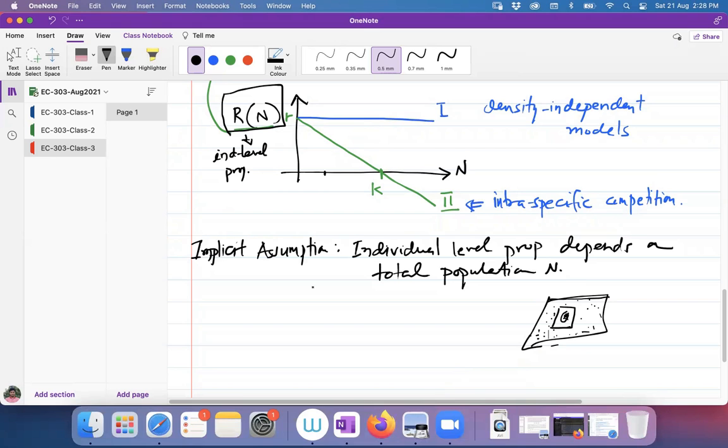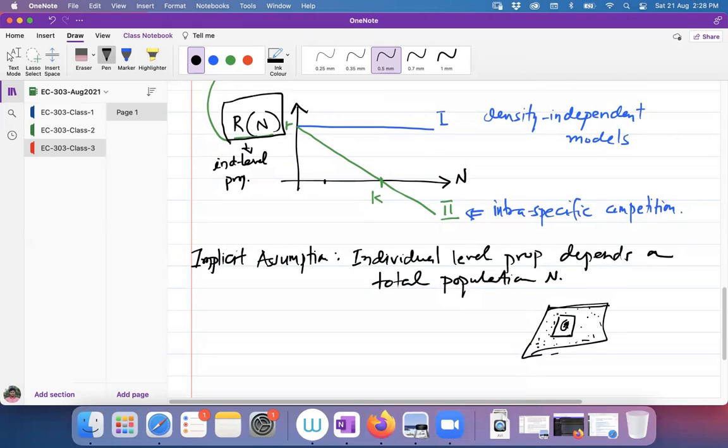Exactly, right? So although the neighborhood is the one that we all think is a better determinant of individual properties, we are assuming that it's the total population size. In other words, now imagine that I were to spatially identify densities, let's say there is some density n that depends on x. Let's denote it by small n.